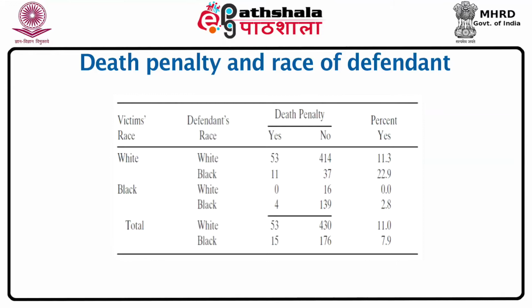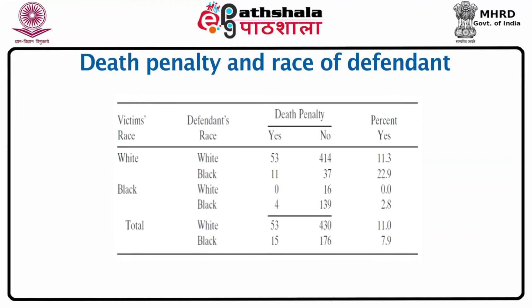My other two variables are the race of the victim, which might be white or black, and the race of the defendant or the accused, which again might be white or black. This is the data on these three variables taken from a set of murders which occurred in Florida, and these have been studied in the Florida Law Review as well as in the book by Agresti.